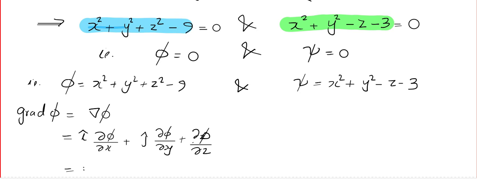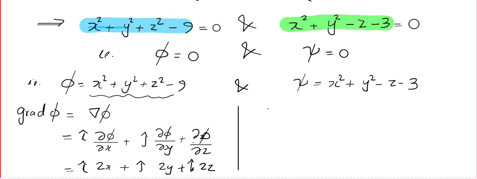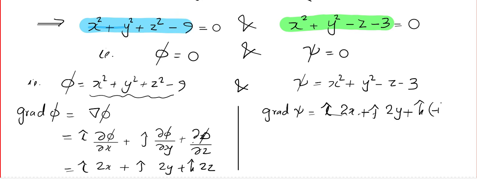So we get i, partial derivative with respect to x, 2x, plus j plus k. Here I am going to calculate the gradient of psi. In examination, write del psi equal to, but I am going to write the answer: i, 2x, plus j, partial derivative with respect to y, plus k, partial derivative with respect to z. So we got the normals.